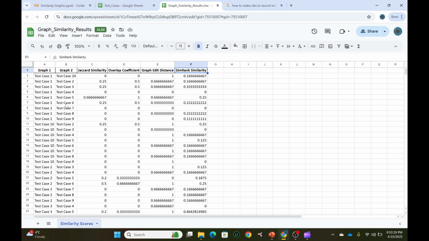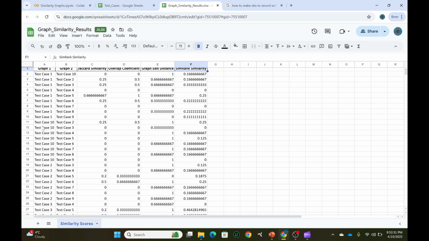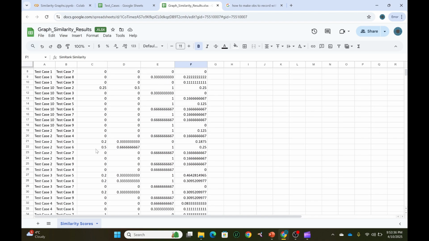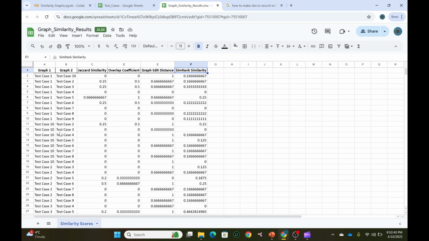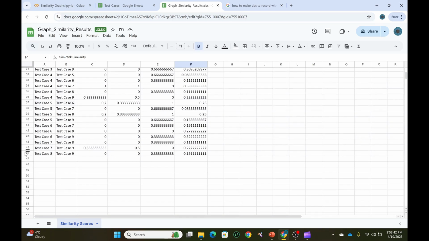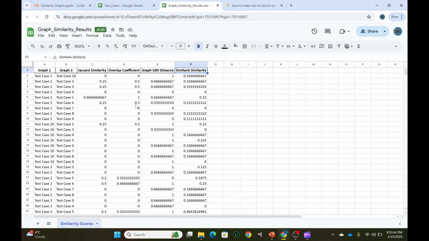Test case 1 will be compared with all other 9. Test case 10 will be compared with all other 9. Like that we got 45 scores from 4 different similarity metrics.